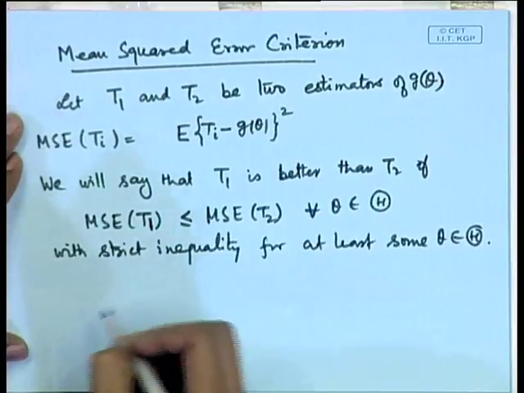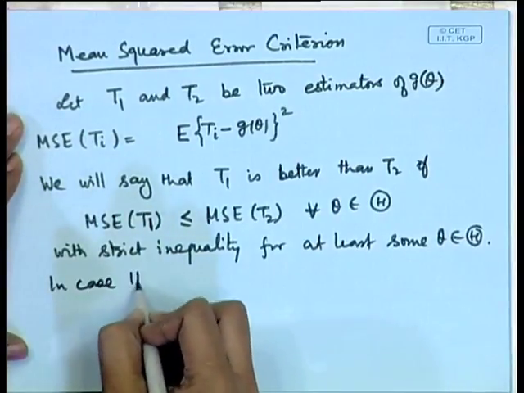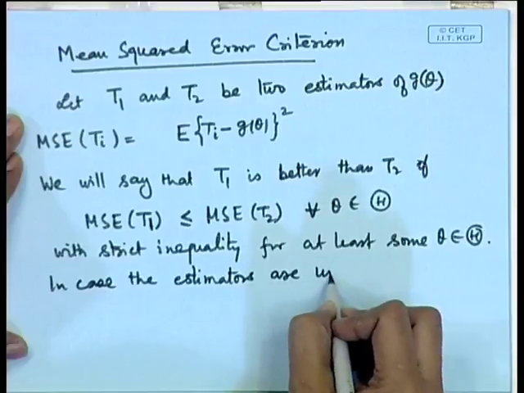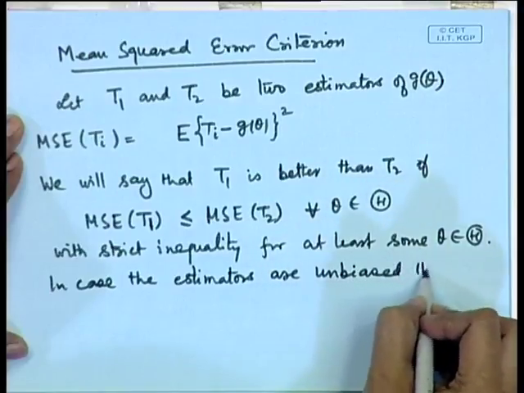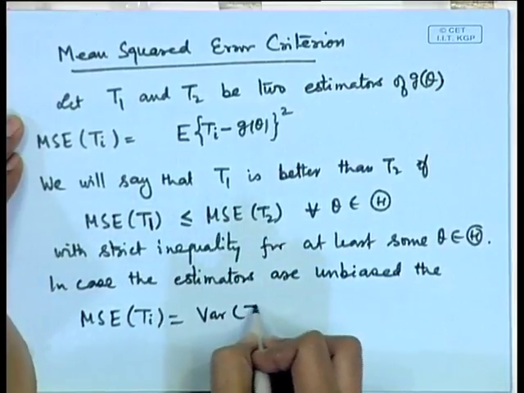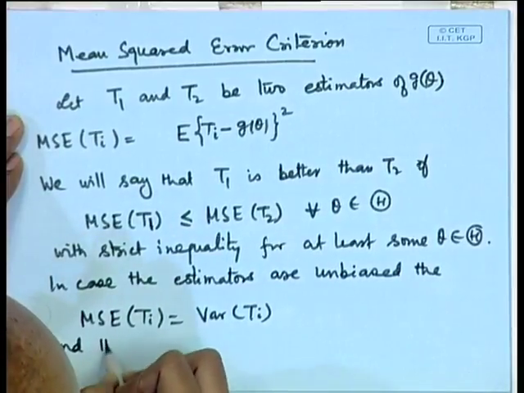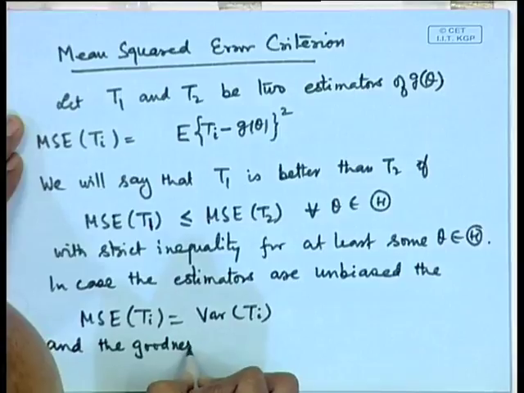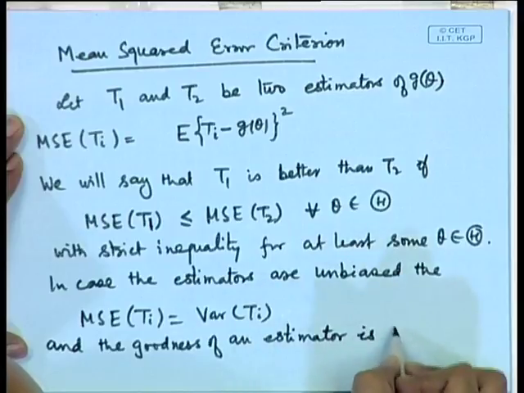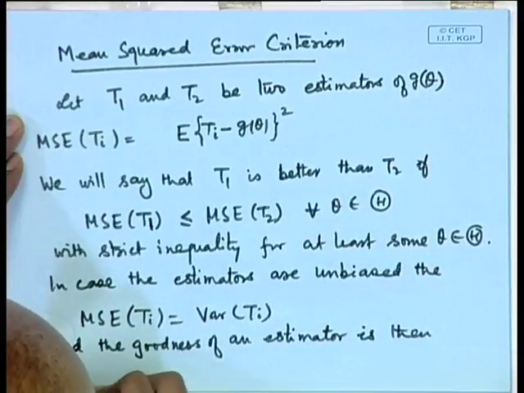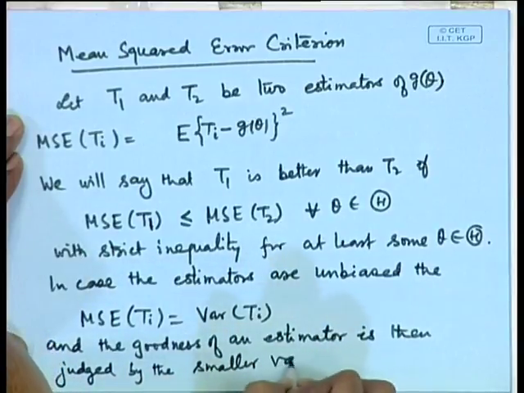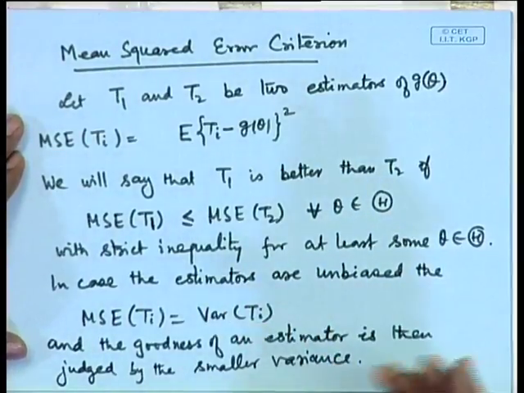In case the estimators are unbiased, the mean squared error of T i simply becomes the variance of T i, and the goodness of an estimator is then judged by the smaller variance. That is, the smaller the variance, the better the estimator.